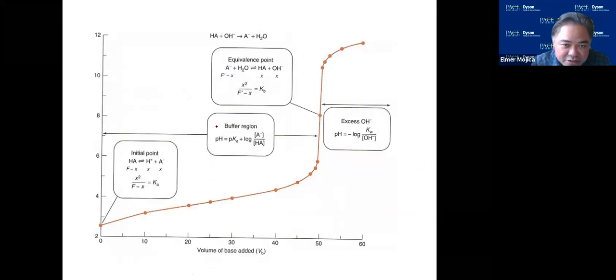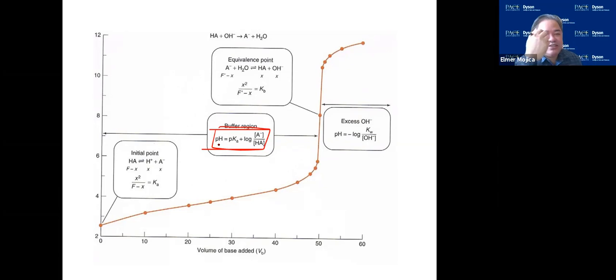So if we summarize what really happened during that time, at the initial point, it's the reaction of the weak acid. So just getting the pH using the weak acid, which most of you were able to do in your exam last week. And then before equivalence point, you have the buffer region. So all you need to do is know the Henderson-Hasselbalch equation.